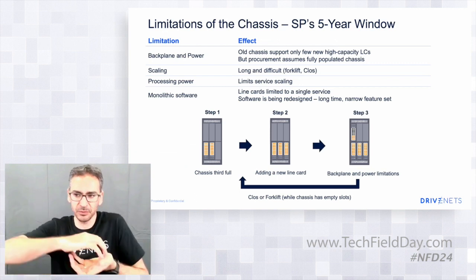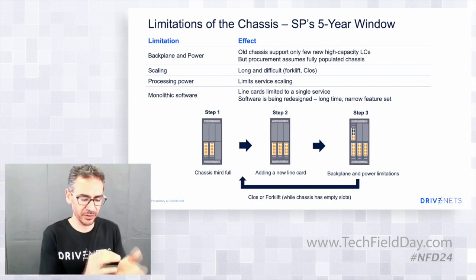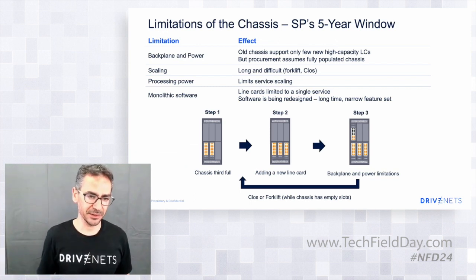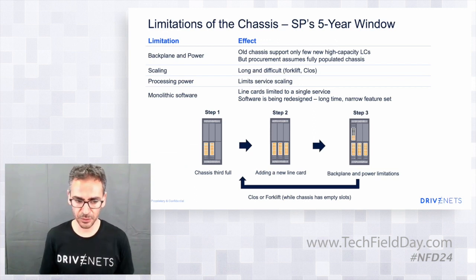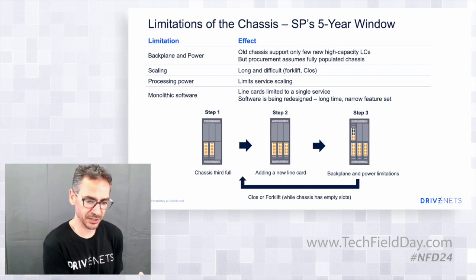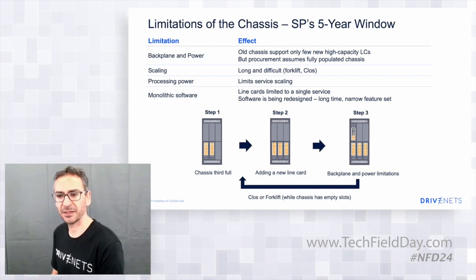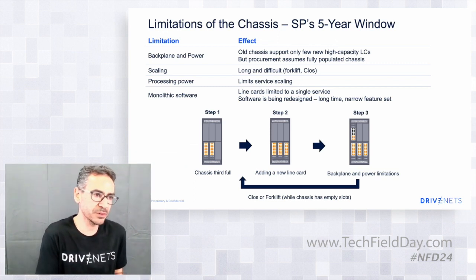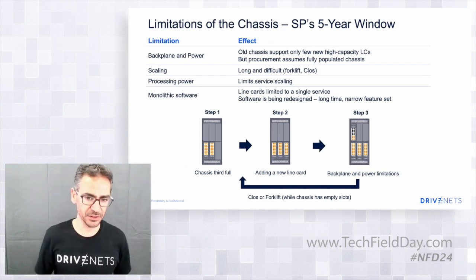So these two do not move as two aligned entities. And wherever there is misalignment, you reach a situation where the chassis that you started with, a kind of starting small pay-as-you-grow approach, with a chassis which is only partially filled, is not satisfying the ongoing needs of the network. And when new hardware is being introduced into this existing chassis, the chassis is not always there to cater for the new line card.